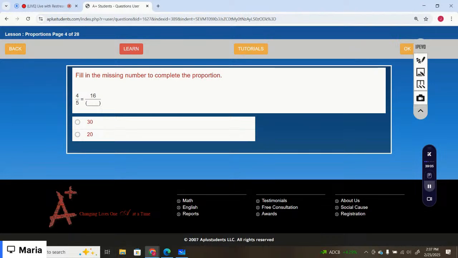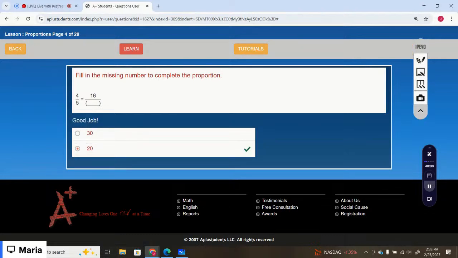Fill in the missing number to complete the proportion. 4 times 4 is 16 and 5 times 4 is 20. Option number 2 is the correct option. 20 it is.